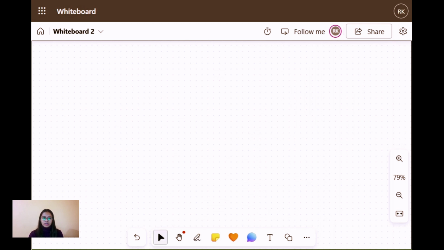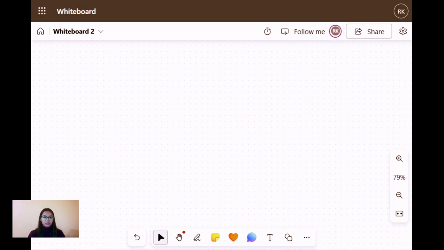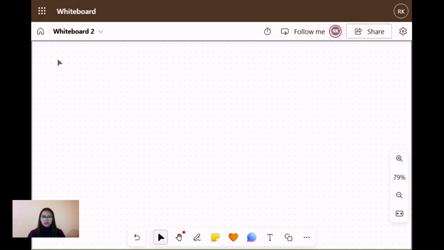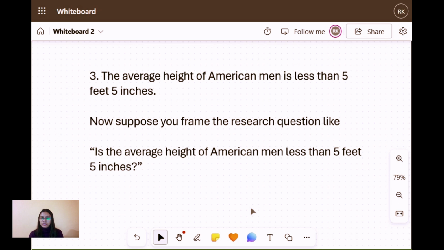Now let's discuss the third scenario. The average height of American men is less than 5 feet 5 inches. Our belief is in only a single direction, which is less than. It means our belief is that American men have less height than Indian men.